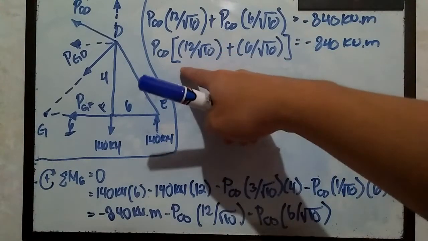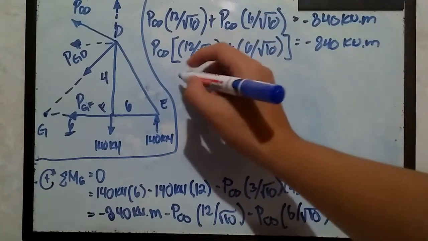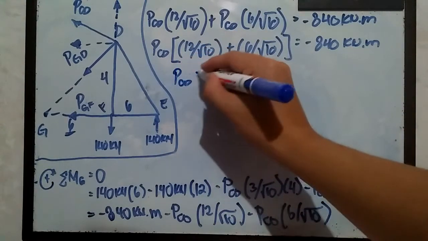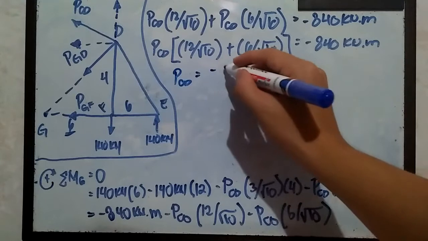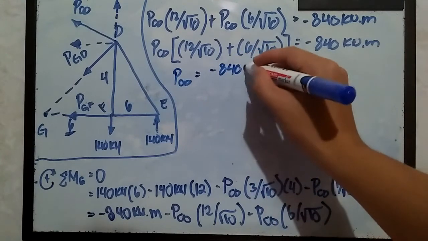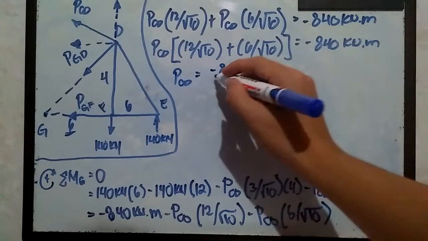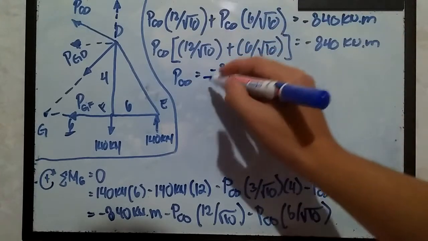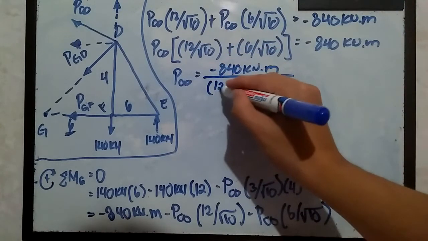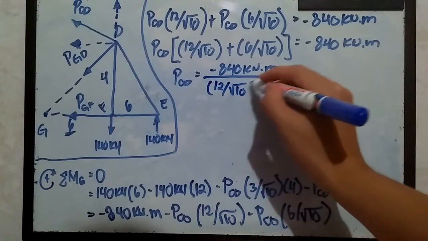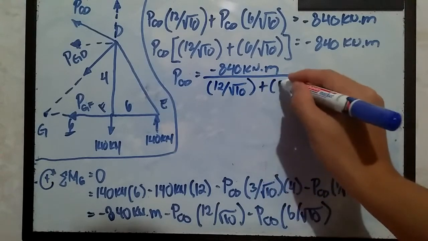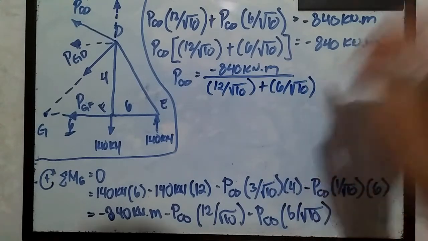Then dividing both sides by this, it would become P sub CD is equal to negative 840 kilonewton meter divided by this whole 12 over square root of 10 plus 6 over square root of 10.